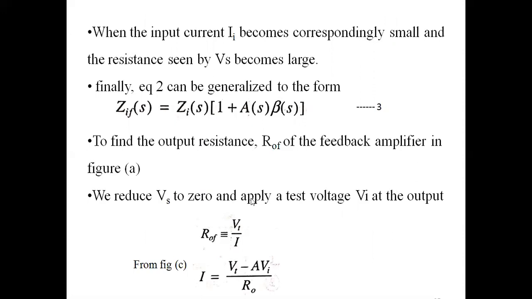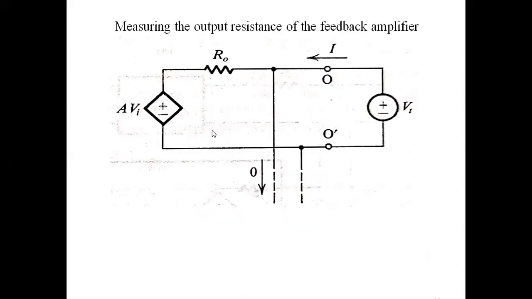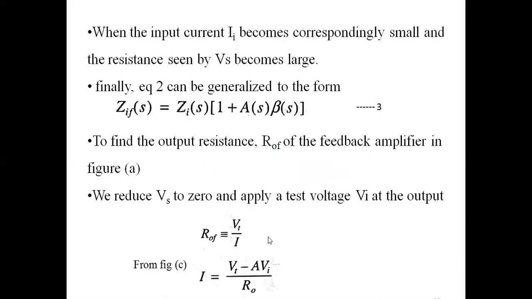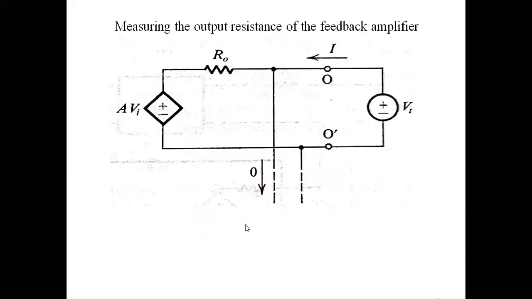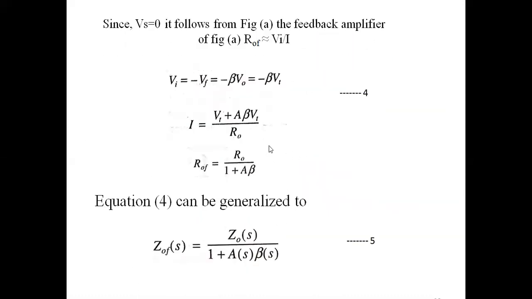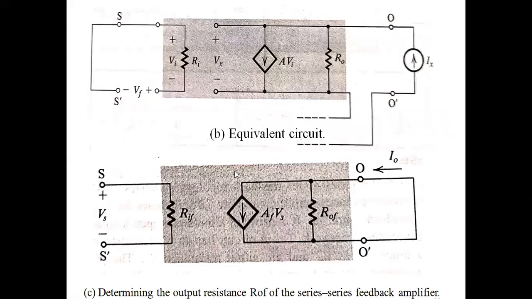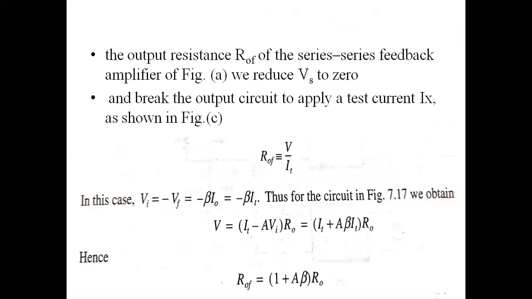We have to reduce Vs to 0 and apply a test voltage Vt at the output. Therefore, ROF becomes the test voltage divided by the test current.